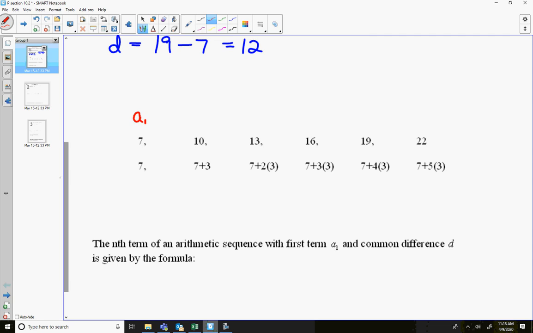So we call these our first term, second term, third term, fourth term, fifth term, sixth term, etc. 7, 10, 13, 16, 19, 22. The common difference here is 3.